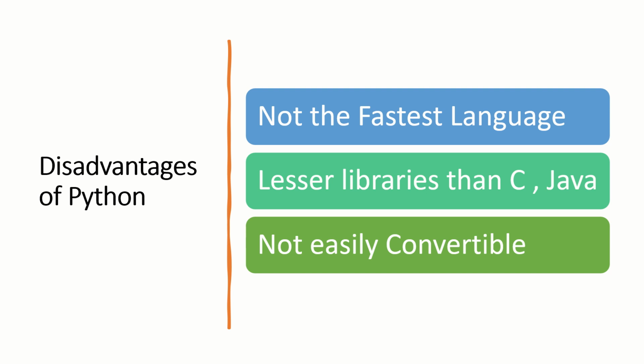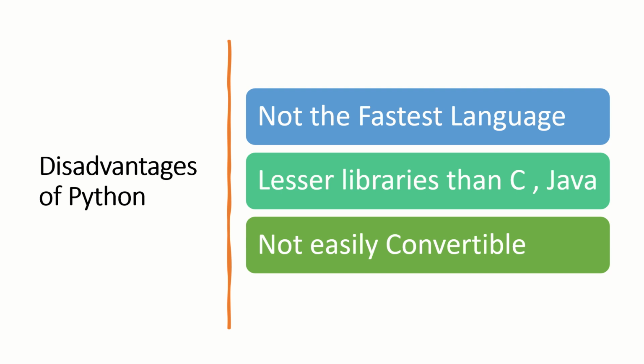So here come the disadvantages of Python. Number one, not the fastest language. I have discussed earlier that Python is an interpreted language, not a fully compiled one. Python can be considered as semi-compiled, but it is not the fastest language.